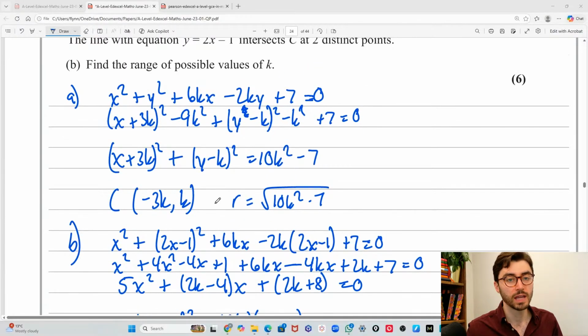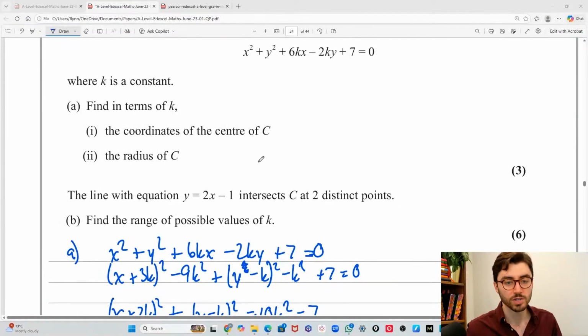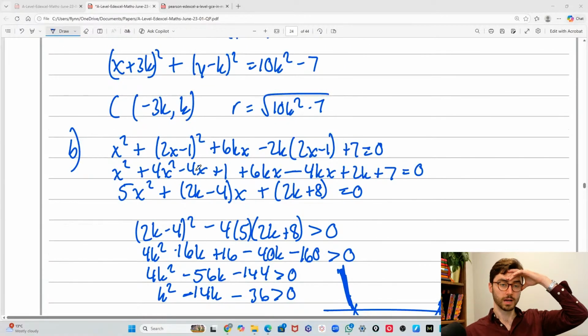So you plug in that y. Making sure I wrote that down correctly, which I did. You plug in that y. So 4x squared minus 4x plus 1 is correct. So 5x squared minus 4x.